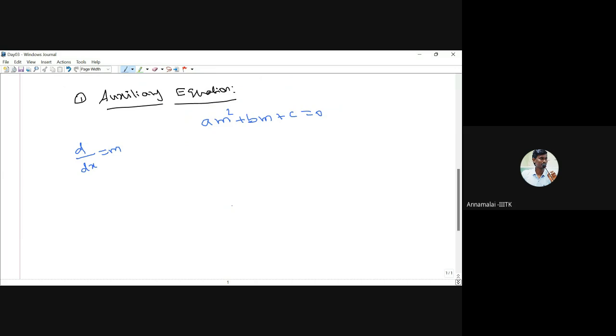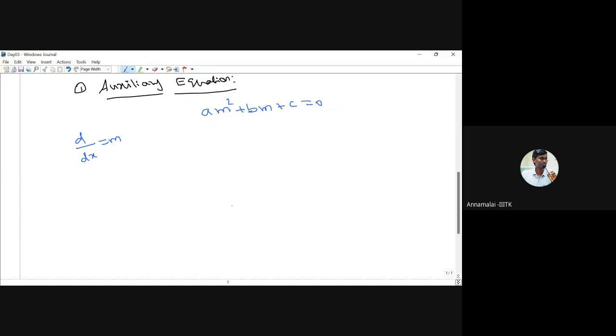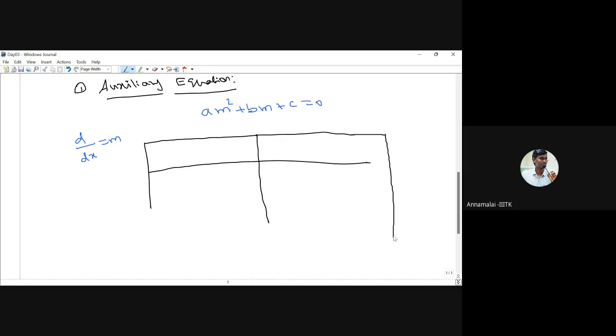Based on the nature of the roots, we can write the solution of the equation, that is the complementary function. What are the natures of the roots? Because we have two roots, namely m1, m2, depending upon the nature of m1, m2, we have the corresponding complementary function. Maybe you can make it as a table.